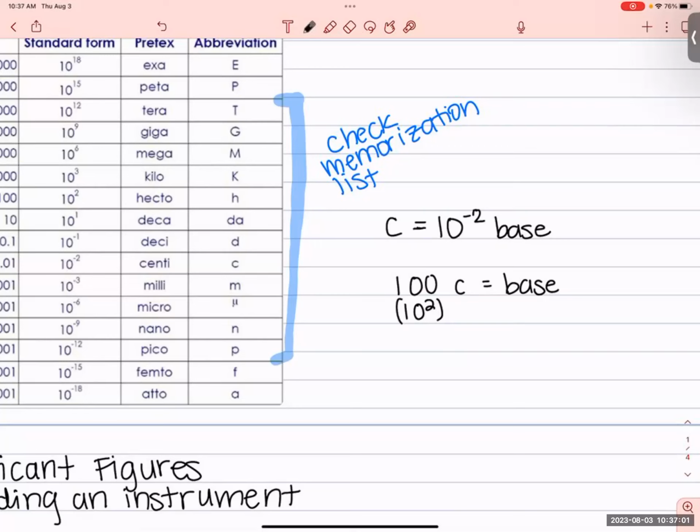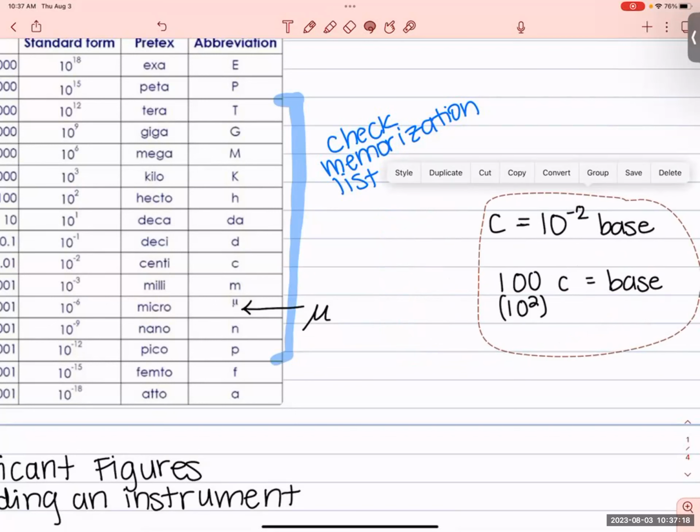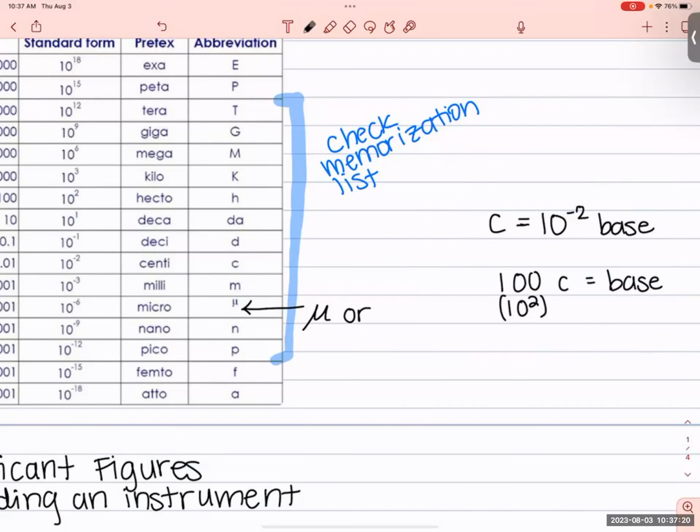One thing I want to notice here about micro. The symbol here is called a mu, and that's what it looks like. But you will also see this written, especially if you go into healthcare, as MC, micro.